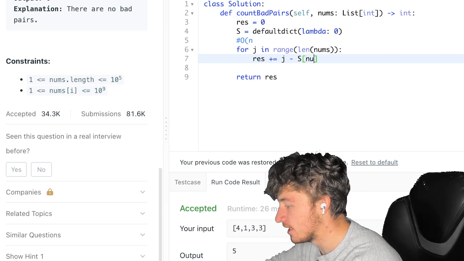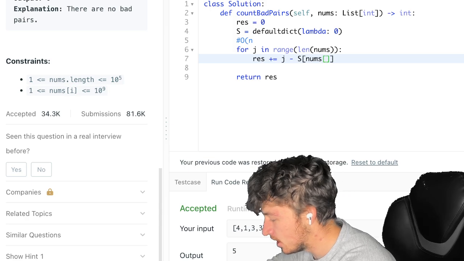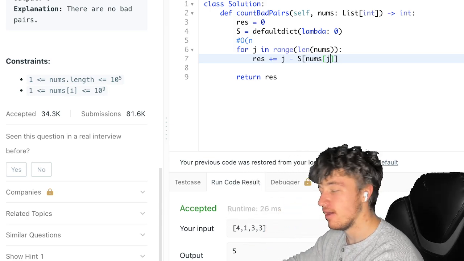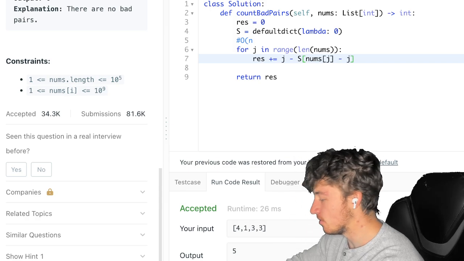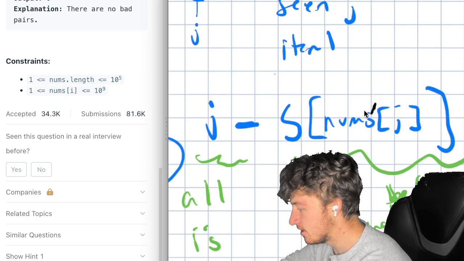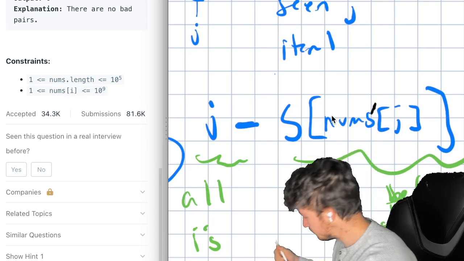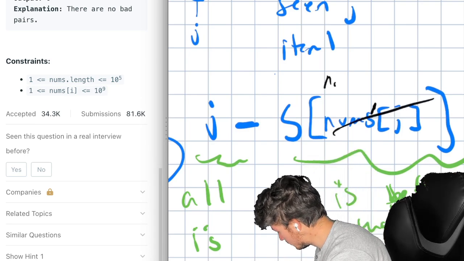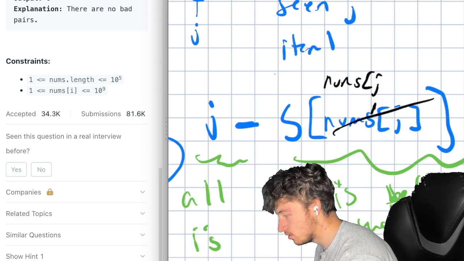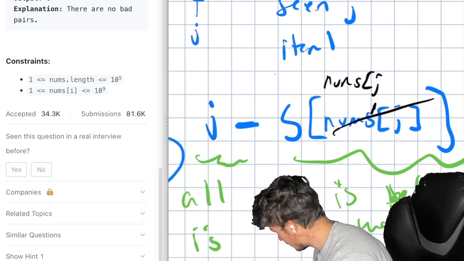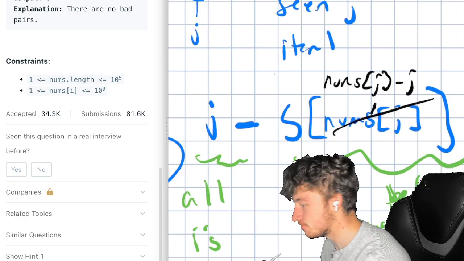Well, the current number we're looking at is nums of j, but remember that we need to subtract out the index. So literally just looking at this again, this is nums hyphen of j, which is equivalent to nums of j minus j.